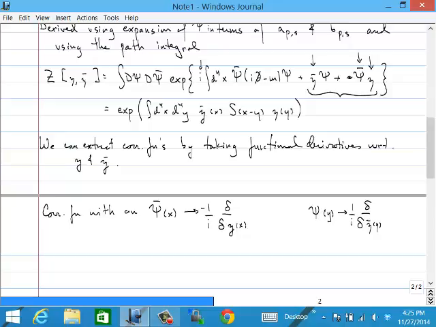And then we can just go ahead and use the expression that I wrote down earlier for this generating function in the free field theory. So we had an integral d4x d4y, eta bar of x, S of x minus y, eta of y.